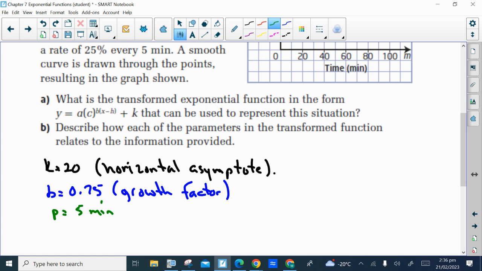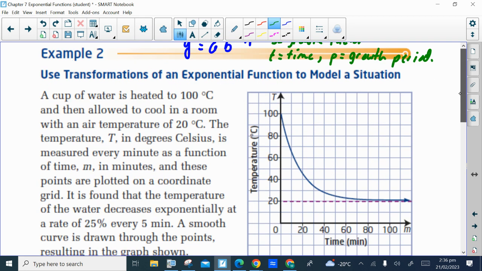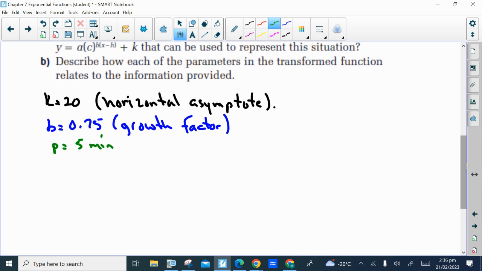So originally, we're going to write this in the format of what's above, except we're going to have that k value on the end. Okay, so I can start to write this equation now. I can say y equals, I don't know what a is, but I found the base, whether you say it's c or b, the base is 0.75.